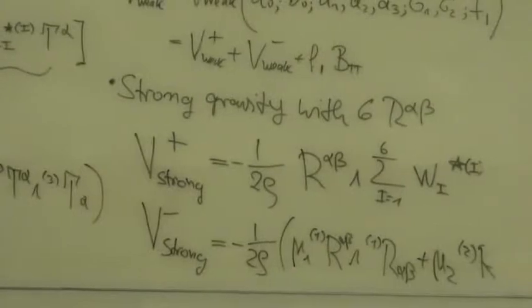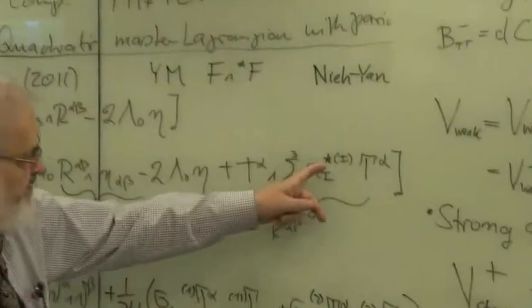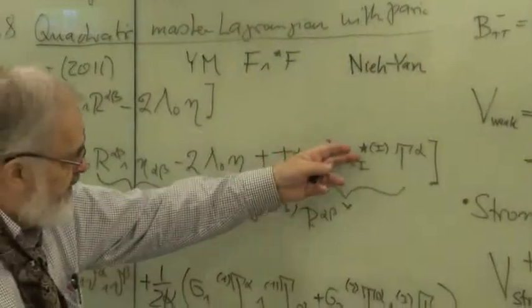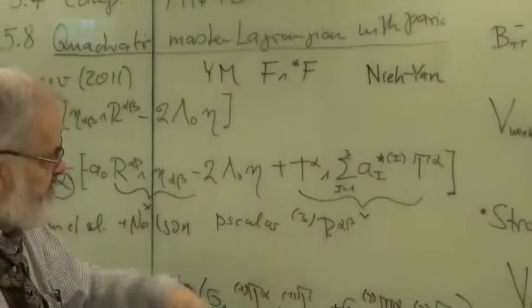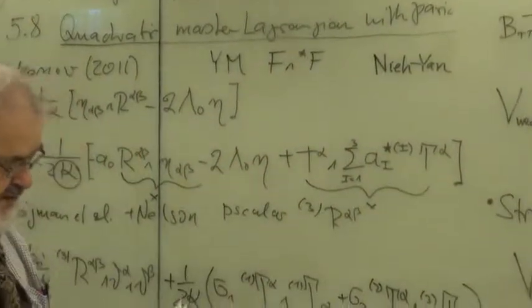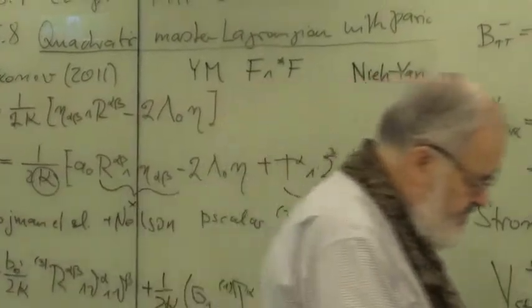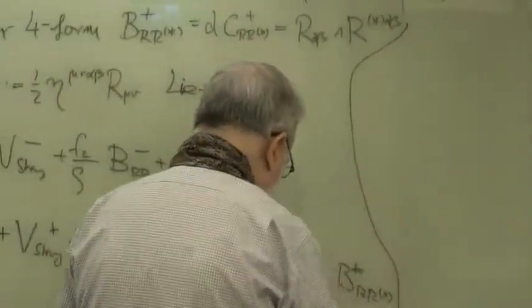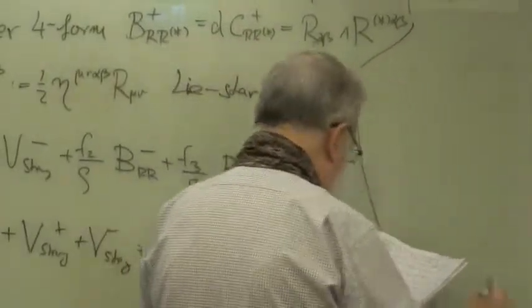In all quadratic pieces which are parity even, you have here the Hodge star. Now we have a computer program which expresses the Lie star in the Hodge stars. These formulas were not known before. We first completed them as far as I know.